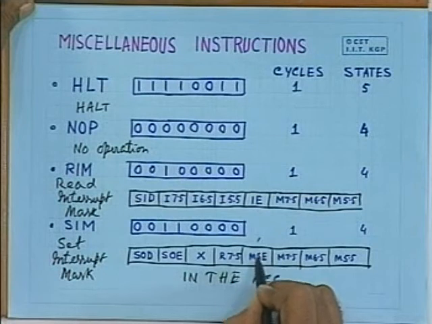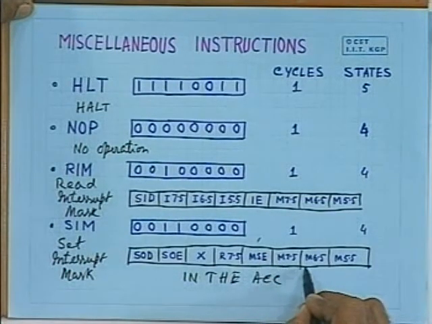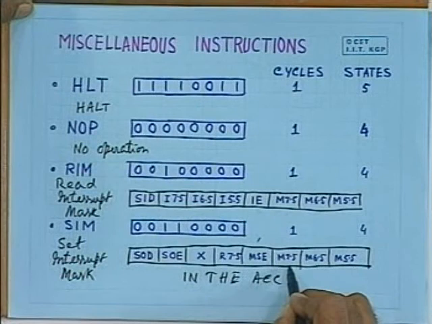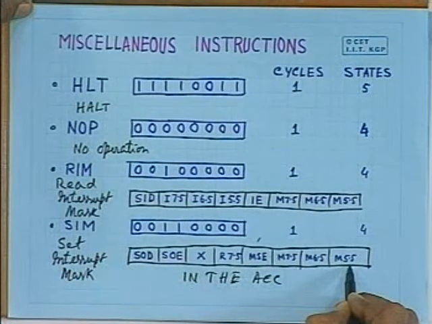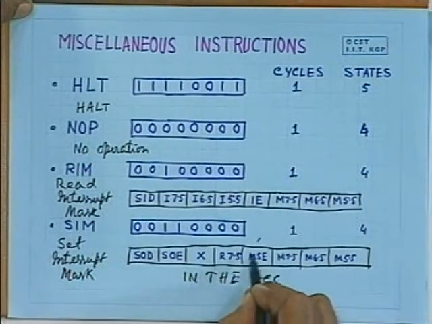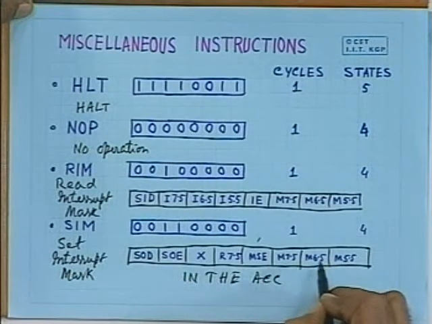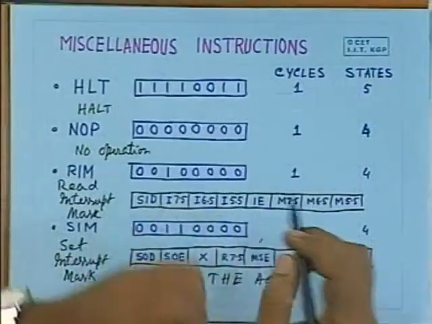That means whenever this bit, mask set enable, is 1, you can set these mask bits 7.5, 6.5, and 5.5, and accordingly the various interrupts will be masked. So, SIM and RIM are dual purpose instructions with the help of which you can perform serial mode of data transfer. You can also set the mask bits of RST 7.5, 6.5, and 5.5, and you can also see the status of it.